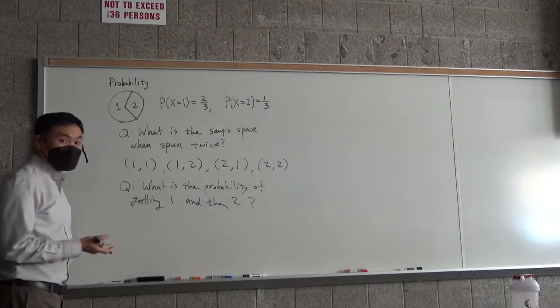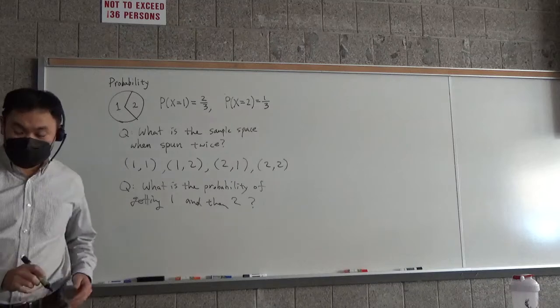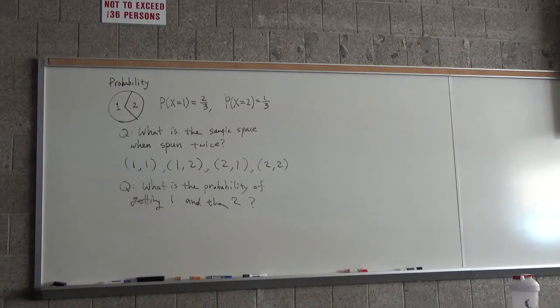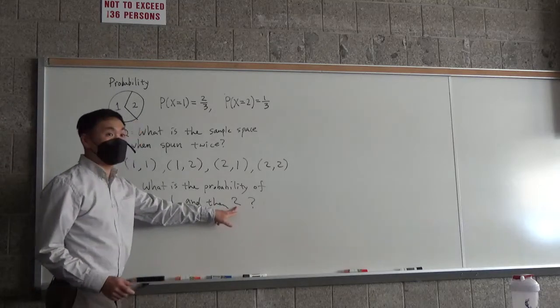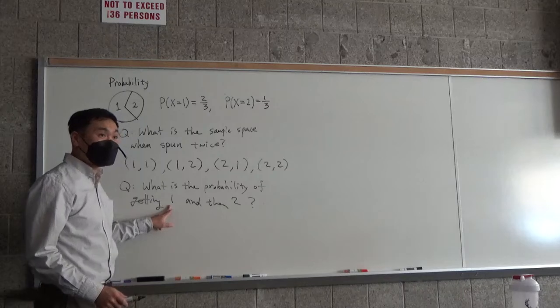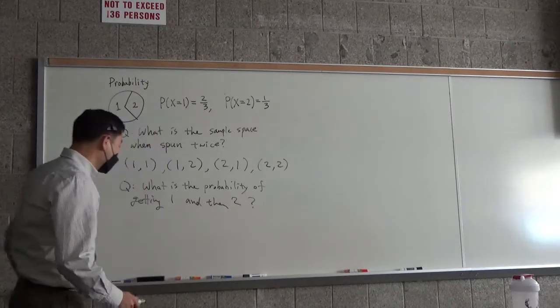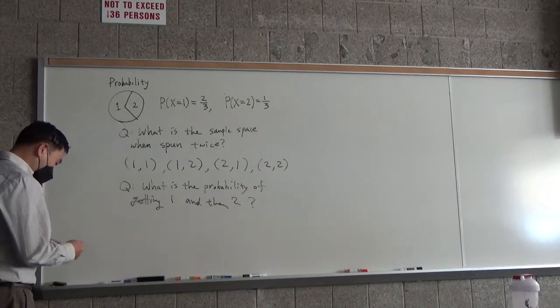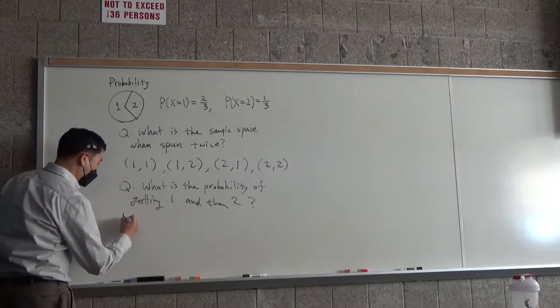Okay, so first, the probability of getting a 1 is? Yeah, it's 2 out of 3. And the probability of getting 2 is 1 out of 3. So in the first one, you would have 2/3, and the second one is 1/3. And here is where you have something called the multiplication rule.